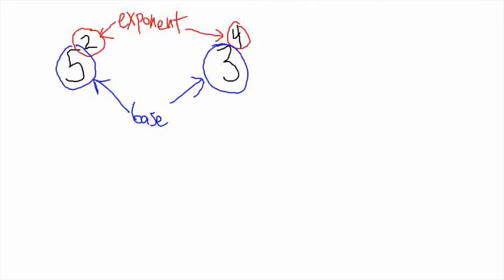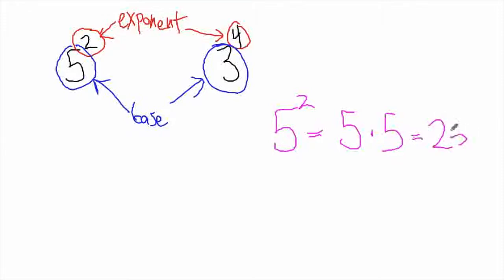I want you to understand that when I write something like 5 to the 2, that means nothing more than putting 2 5s together and multiplying them. And if I asked you, I assume you'd say, oh, that's easy, that's 25, because I know my times tables. Now the 3 to the 4, that means that you have 4 3s that are multiplied.